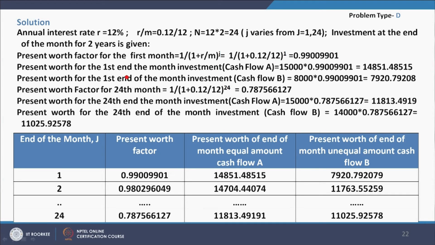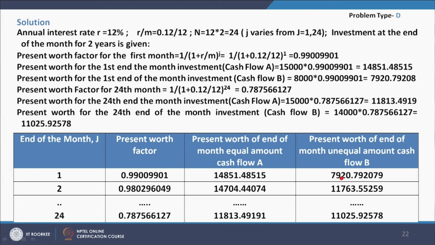So, the present worth of the first end of the month investment cash flow is 15,000 into this factor, which comes out to be 14851. This 14851 is written here. Now, the present worth of the first end of the month investment for cash flow B, this is 8,000 invested into the same factor, comes out to be 7920.79208.